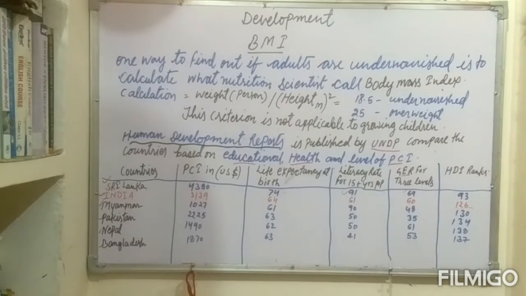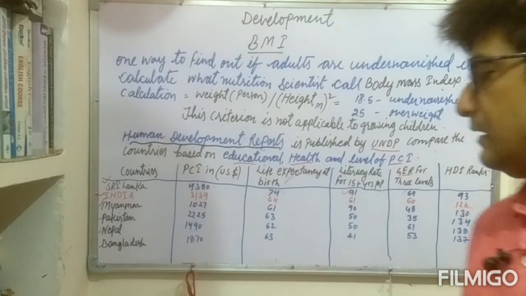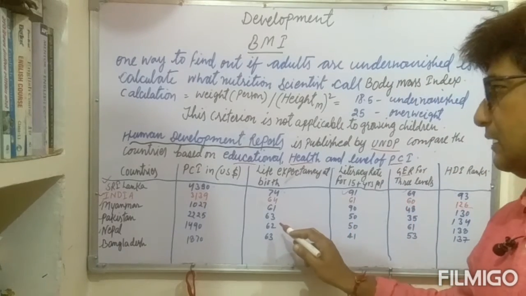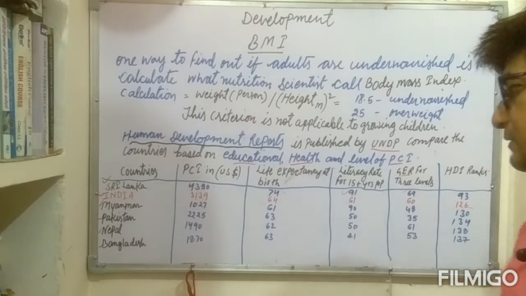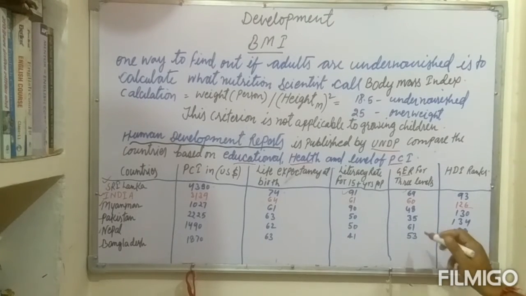Then Nepal is 1490, the life expectancy is 62, the literacy rate is 50%, the gross enrollment ratio is 61%, and the HDI rank is 138. Then Bangladesh: 1870, 63, 41, 53 and 137.